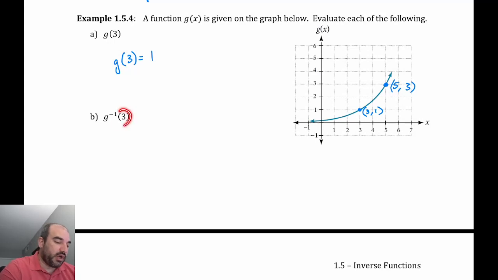So we look at the y-axis, we go up to 3, and then we go over to the graph and see what its x value is. So we do the operation backwards if we're doing an inverse function operation. So g inverse of 3 would be what? 5. Good. Inverse is essentially you input a y value, and you get an x value out from the graph.